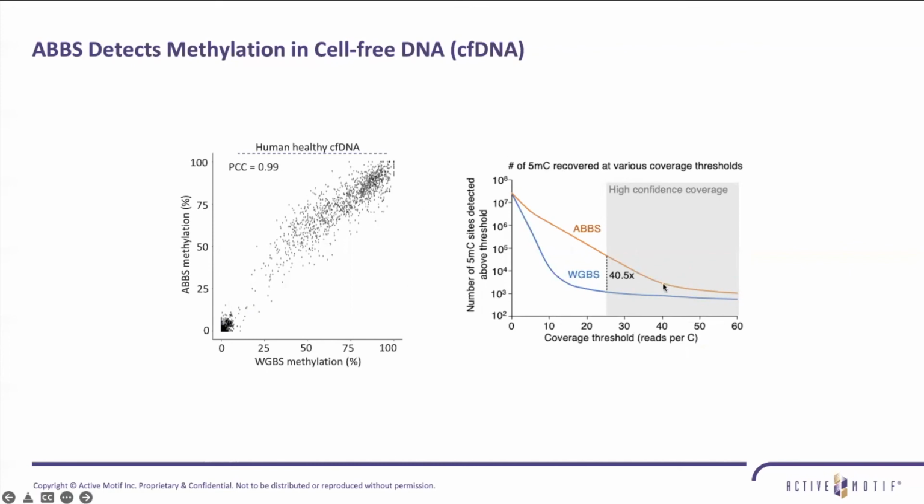I won't go into too much detail on this last piece of data, but we also see a great difference between ABBS and whole genome bisulfite sequencing in terms of capture of 5mC sites depending on the threshold of coverage. For instance, for 25x coverage, which is what is recommended by ENCODE, we capture nearly 41 times more 5mC sites in ABBS than WGBS.